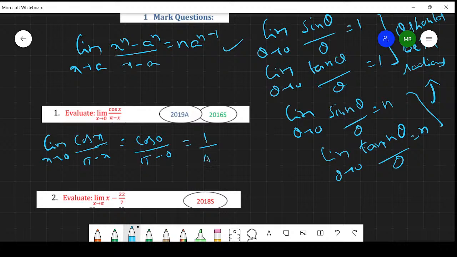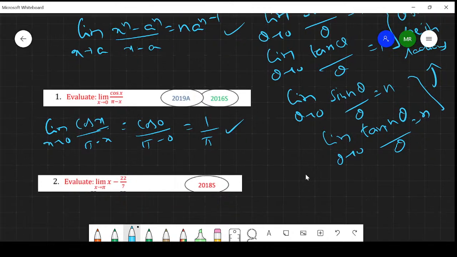Cos 0 is 1, so the answer is 1 by pi. If you get a finite value, you can substitute, and that is your answer. Enough, you can stop there.